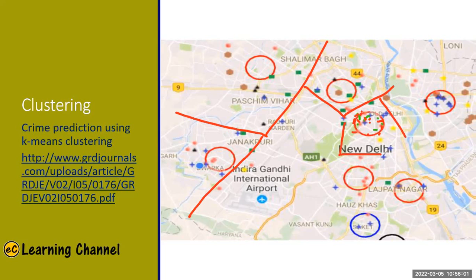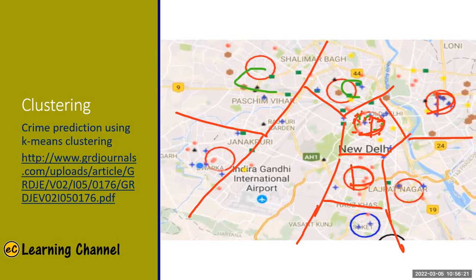Some sort of zone, we call it clustering. Let's assume this one is the D region. D is dangerous. And we may have a C region, and an A region.